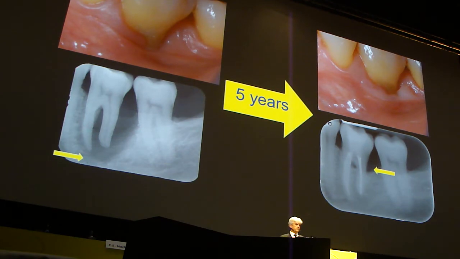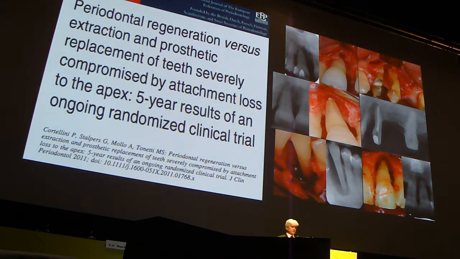So, of course, this was a hopeless tooth, and it is in the mouth. You know that we published a study about hopeless teeth, treating cases like you see on the screen there. These are all teeth that are considered, in common sense, to be extracted.